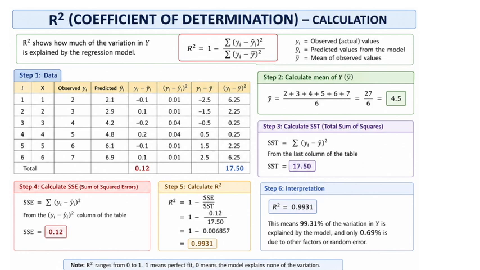We use this system to find out the change in the y variable when the change occurs in the x variable, so we create this linear model, or the regression line.